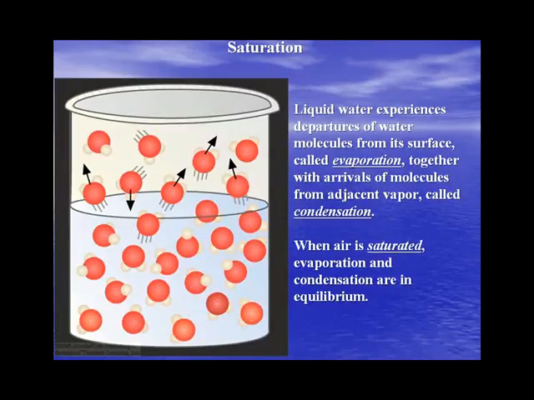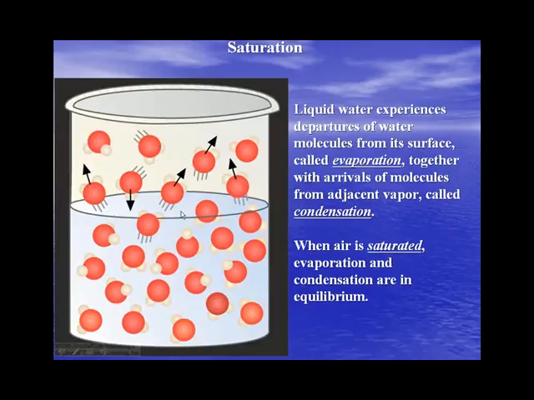Now notice the directions of the water molecules. You have some water molecules going from liquid into the vapor stage, that's the gas stage, and you have some of these water molecules that are in the gaseous stage moving down, becoming liquid. And so you've got movement of water molecules from liquid to vapor and from vapor to liquid.